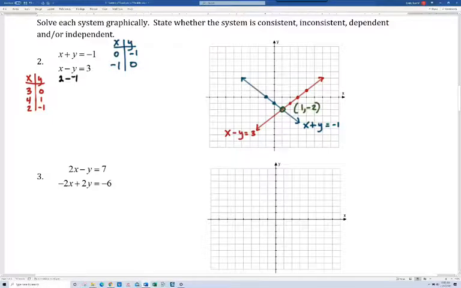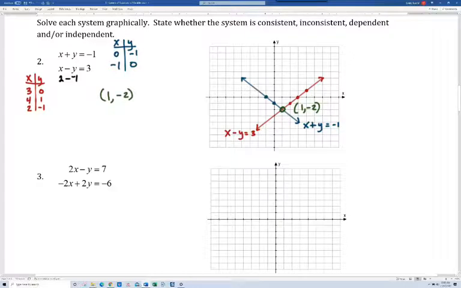Again, we want to draw things as carefully as we can so we can find the correct intersection. But remember, we can always plug the point 1, -2 into both equations, and it should make each equation true if you wanted to make sure that you had the right point. All right, so our solution here is 1, -2.